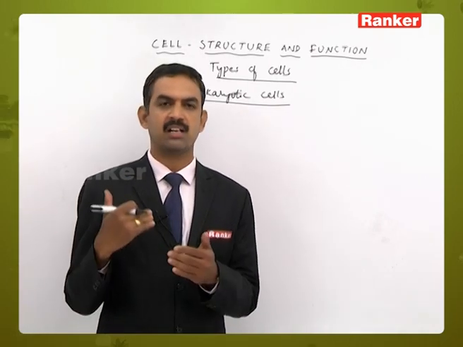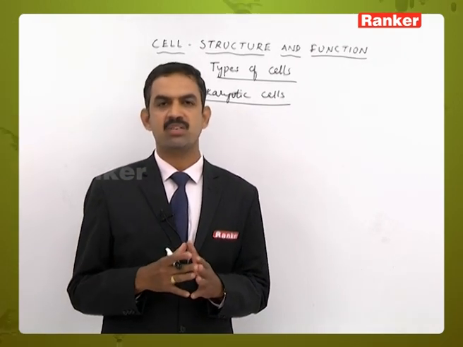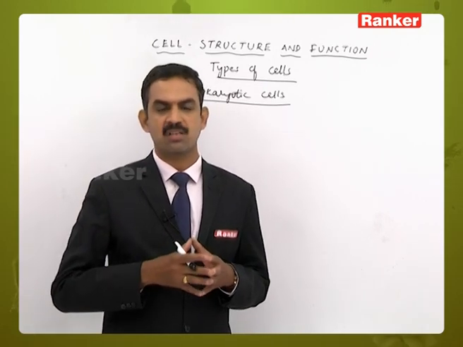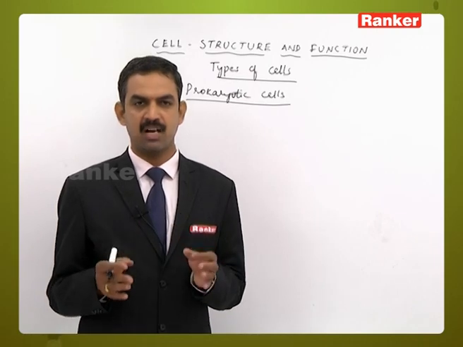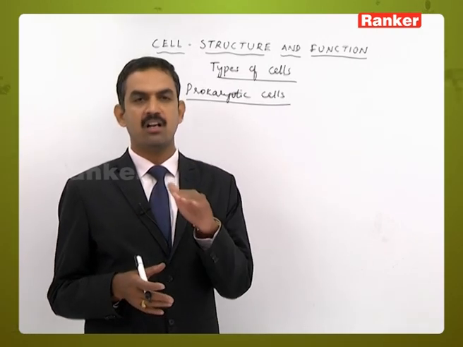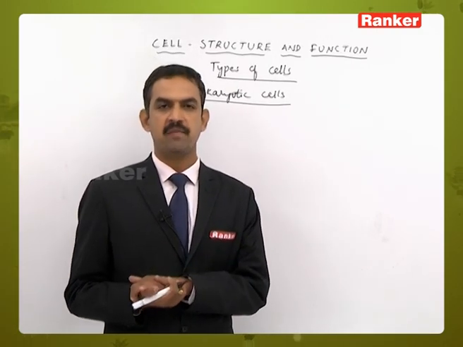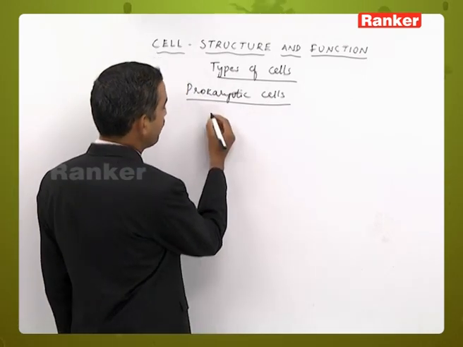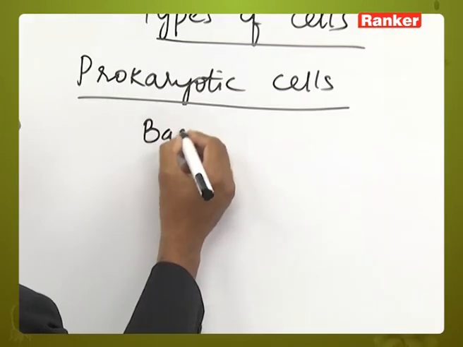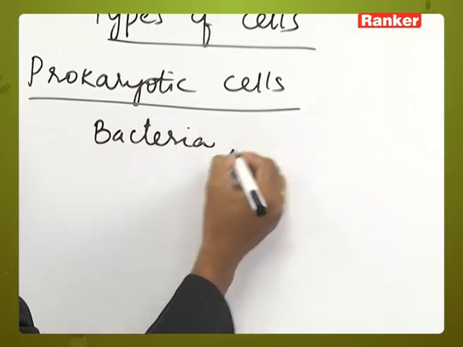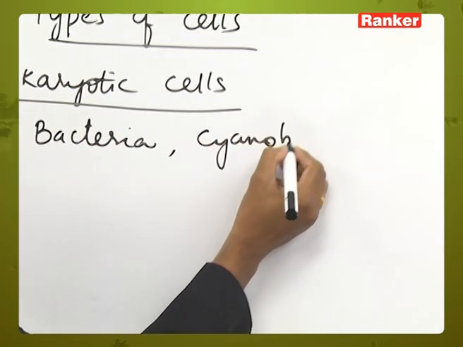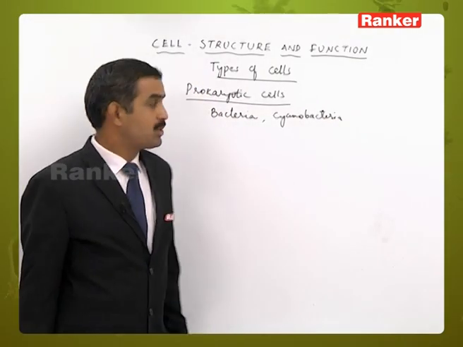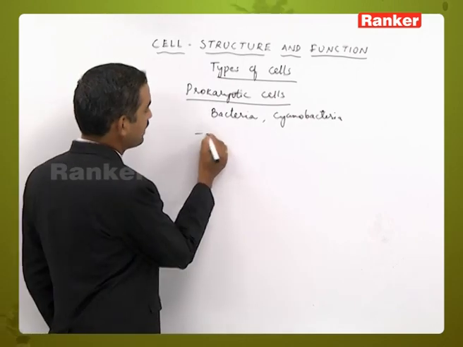In the course of their changes, they converted into eukaryotic organisms, and the much more complex living organisms that we observe have been formed from the modification of prokaryotic organisms. The prokaryotic cells are basically seen in bacteria and cyanobacteria, for example.